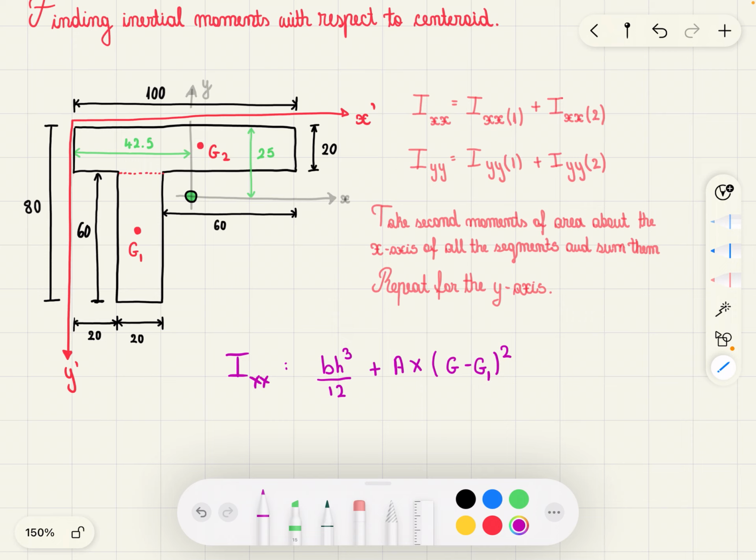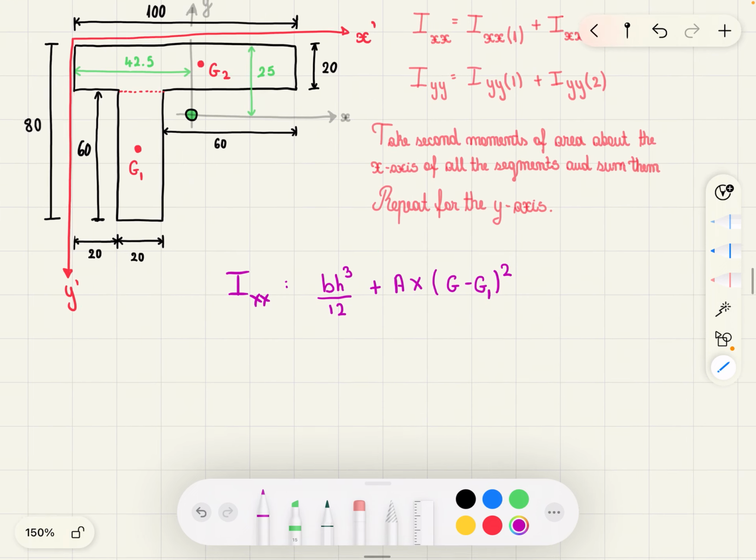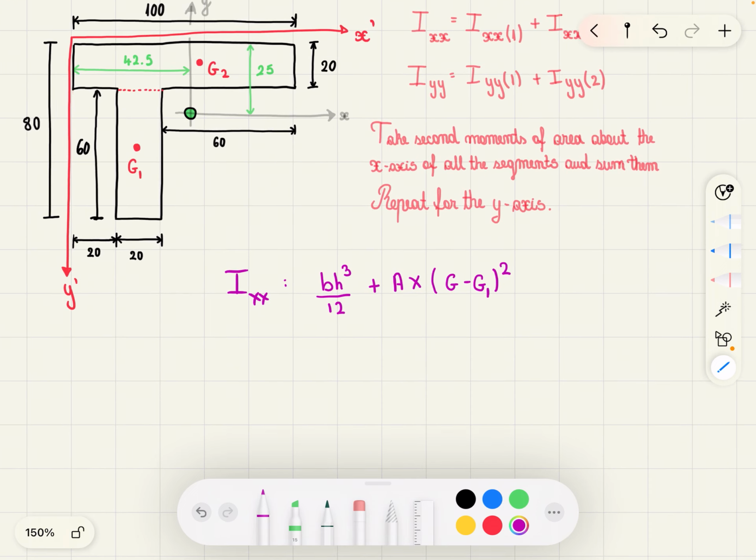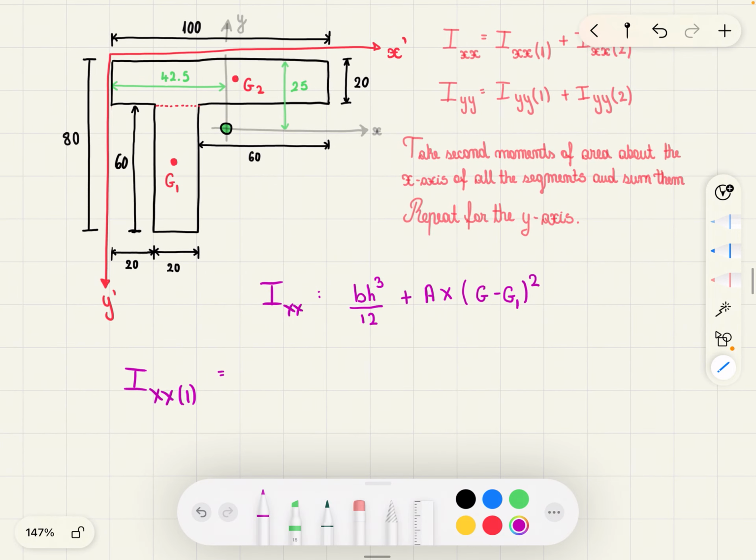So to find Ixx, first we need to find Ixx1 and then Ixx2 and sum them up.